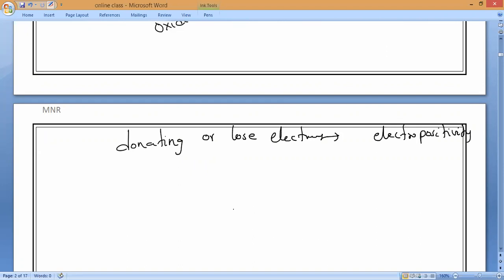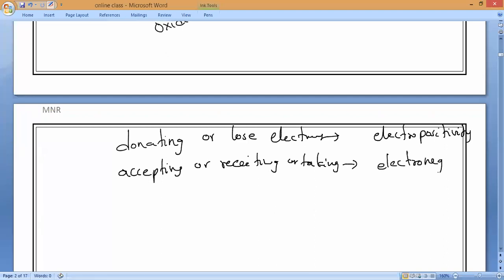Electropositivity. Do you understand it? In the same way, those who are accepting, receiving or taking electrons, what will it be, guys? You can tell me. Electronegativity. Do you understand? So now you tell me, is electropositivity shown by metals or non-metals?